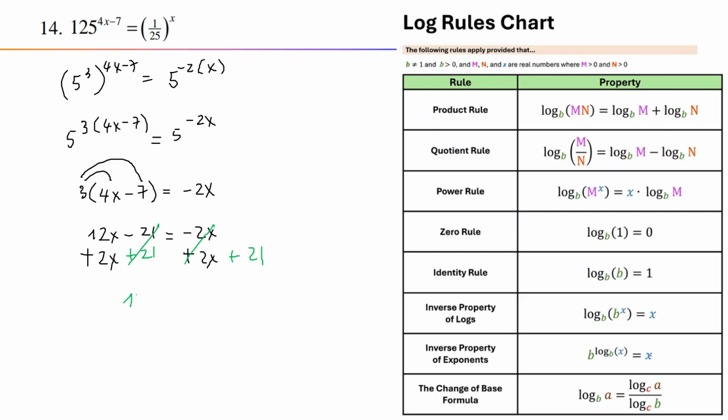We will have 14x equals 21. Now we can reduce by 7 on both sides, but let's divide both sides by 14 first. So x equals 21, which is 7 times 3, over 14, which is 7 times 2. You can reduce the factor of 7. Then your x is 3 over 2.